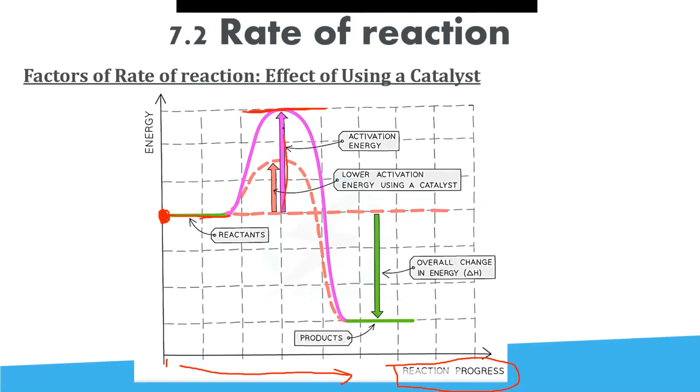This distance is the activation energy, the energy required for the reaction to start. But what the catalyst does is decrease the activation energy. As you can see, it is lowered. With the catalyst, only this much is required to start. So the reaction with the catalyst is more likely to start faster, and then it proceeds to form products.